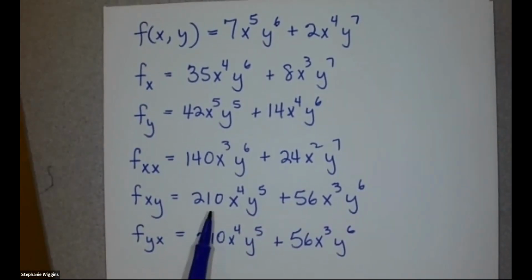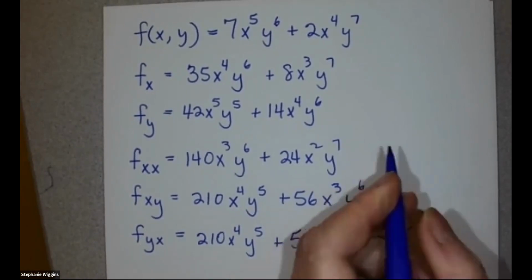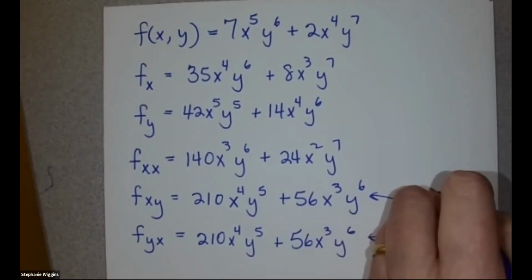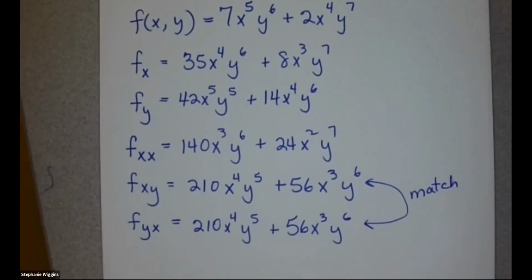And notice I get exactly the same thing here. These match. That's always going to, or not 100%, but almost 100% of the time will match. And that's kind of a check that you can use to make sure you've done it correctly.